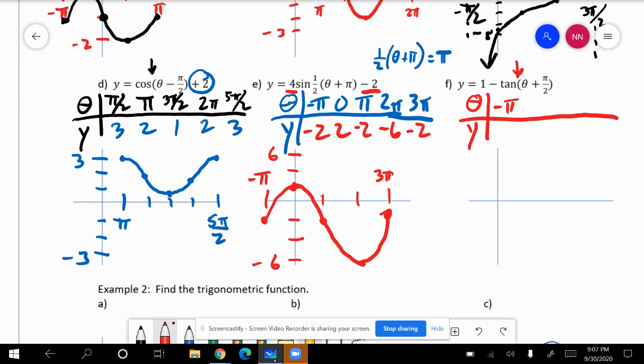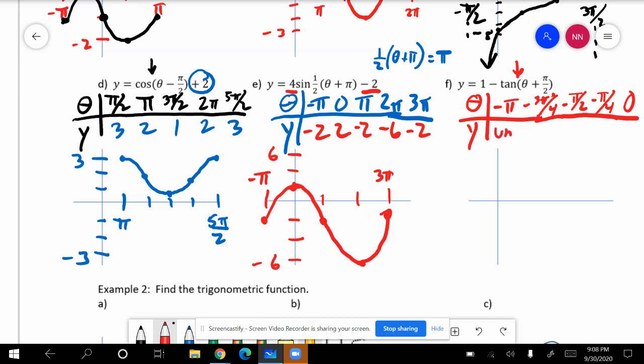If I subtract pi halves, I get negative 3 pi over 4. Then if I take 0 and subtract pi halves, I get negative pi halves. And then if I take pi fourths and subtract pi halves, I get negative pi fourths. Notice that I'm going up by a fourth each time, so the next one has to be 0.